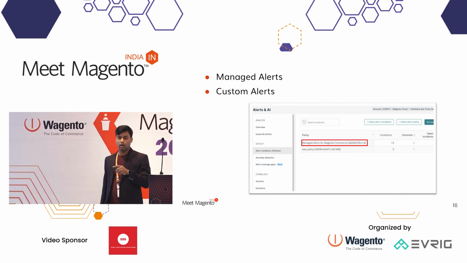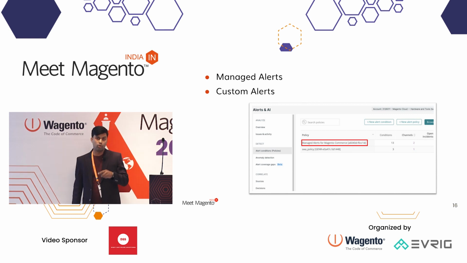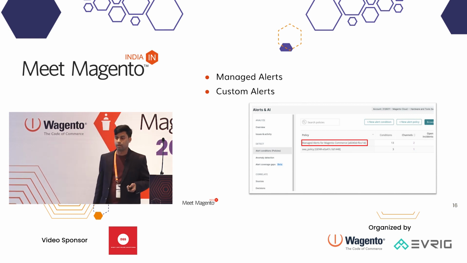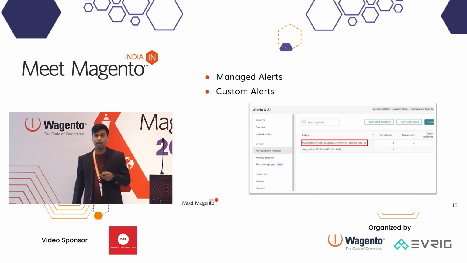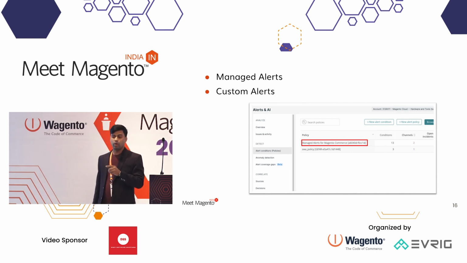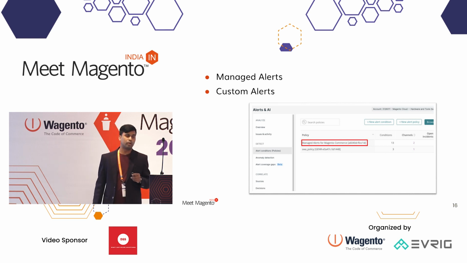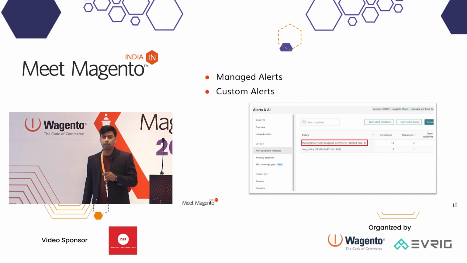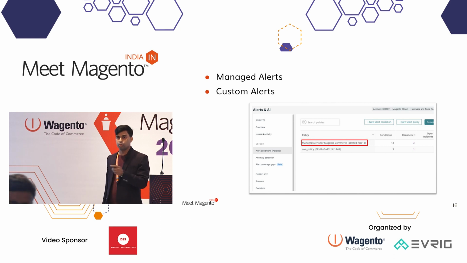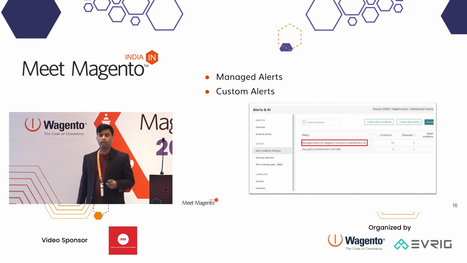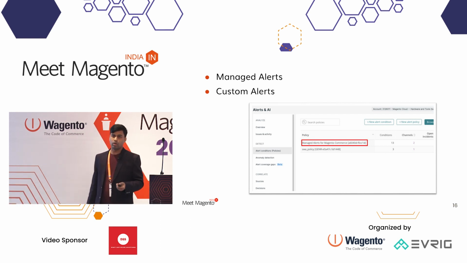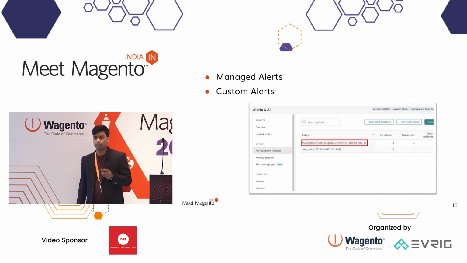One thing here: if you are looking to add any custom alert or analyze anything, make sure that you are not touching any alert that is specific to Adobe Commerce, because our team keeps pushing changes from there. So if you make changes, they may vanish next time. So make sure that you are creating a custom alert, that is, a new alert.